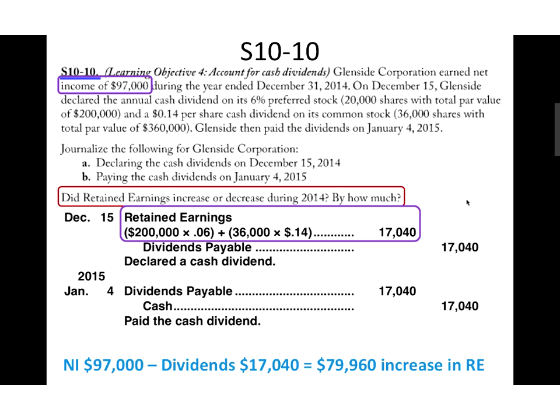Dividends declared of $17,040 would have decreased it, so our net increase in retained earnings is $79,960. So when you're doing the homework, don't forget about the net income, because you just get done with the journal entries and you want to just take that retained earnings debit and that's your answer, but it's not. Retained earnings is a combination of two things: earnings, net income to date, less dividends declared.